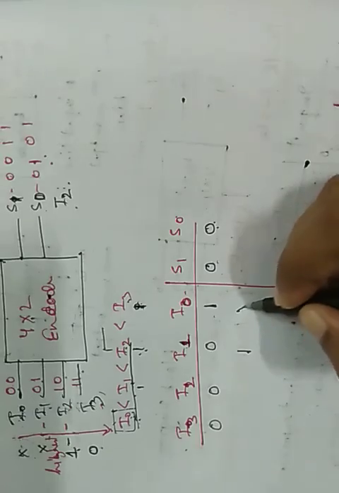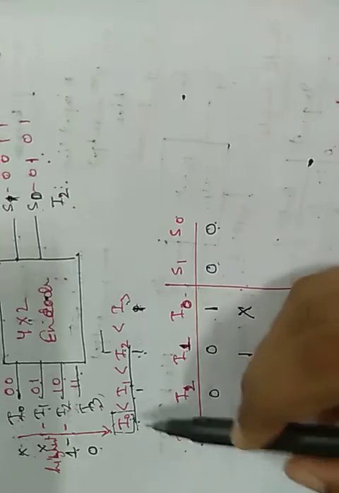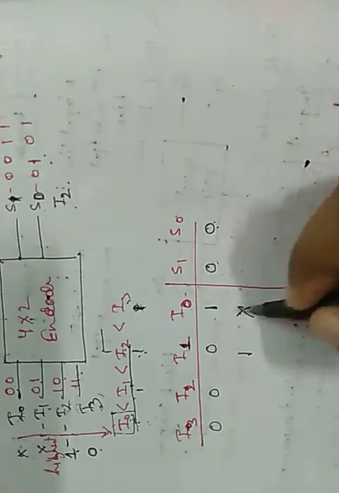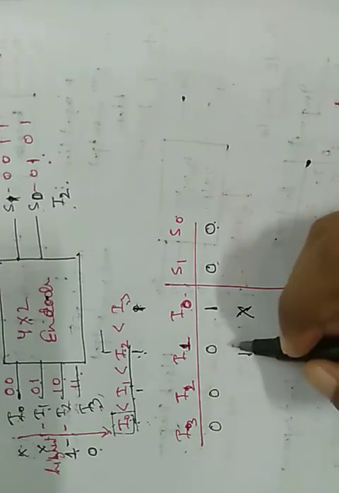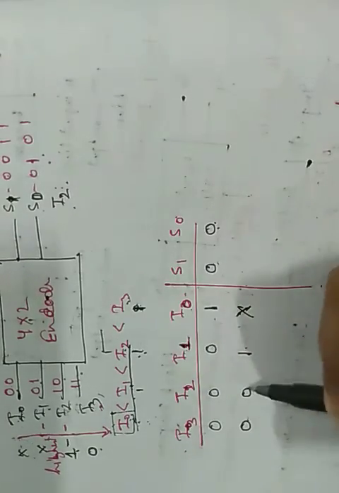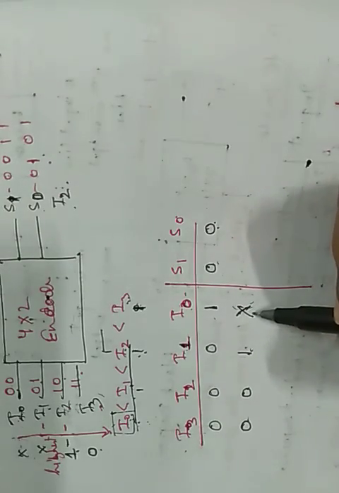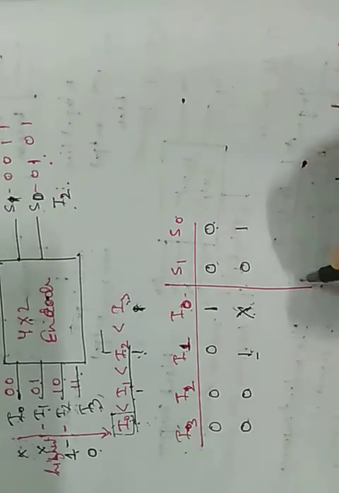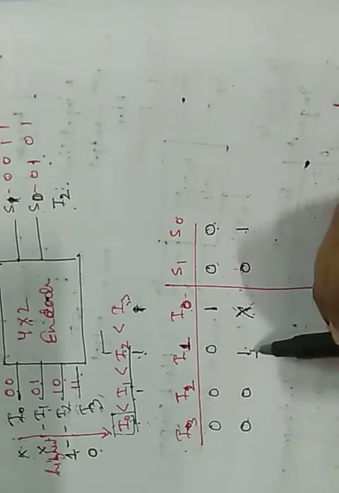If I0 is 1, nothing changes; if I0 is 0, nothing changes. So I1 being 1 with higher priority inputs 0, the lower priority is not checked. Then we get the value of I1 in our output line, because if the selection line is 0, 1, then I1 is selected.